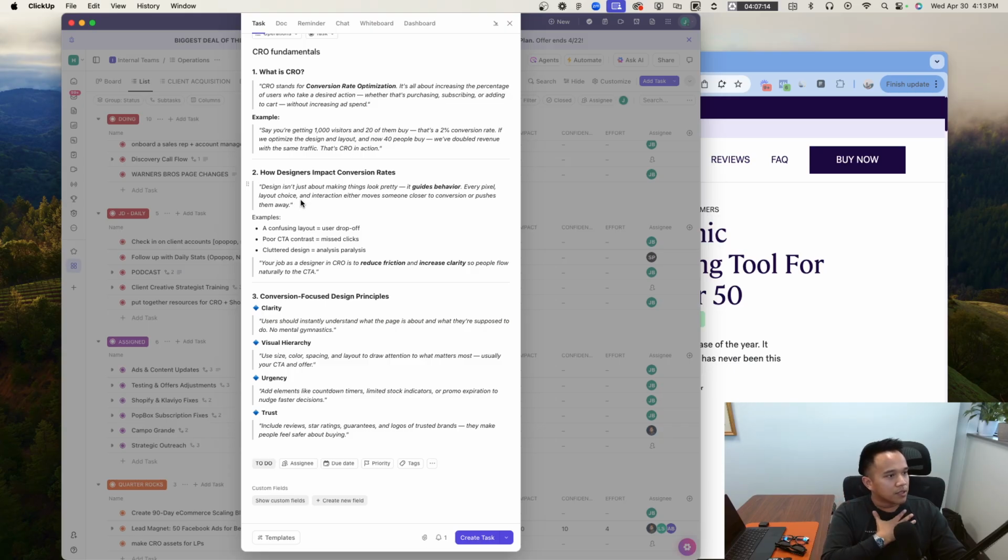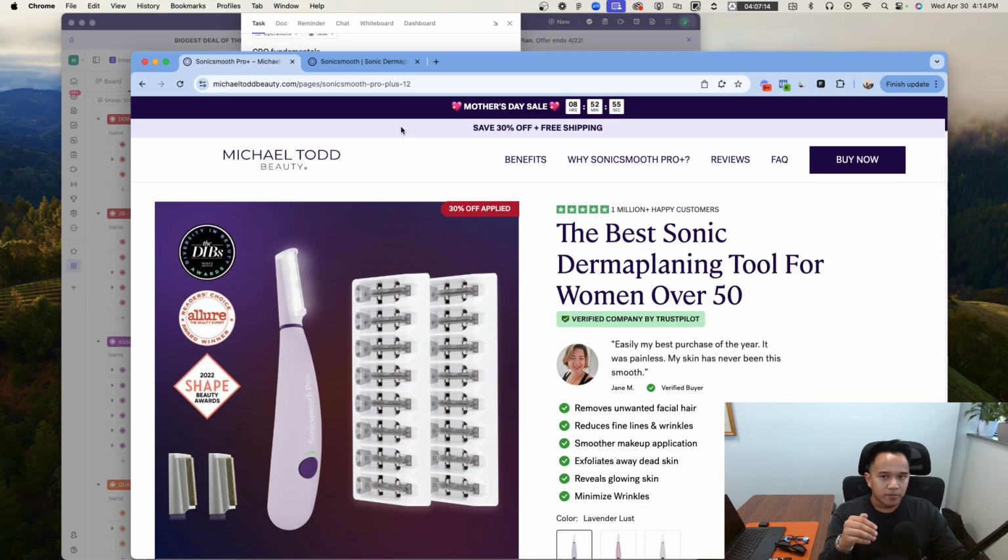Fine art is showcasing your internal problems, versus graphic design, which is solving a problem or offering a solution. And in this instance of conversion rate optimization, great design guides behavior. Every pixel, layout choice, and overall interaction should either move someone closer to conversion or push them away.